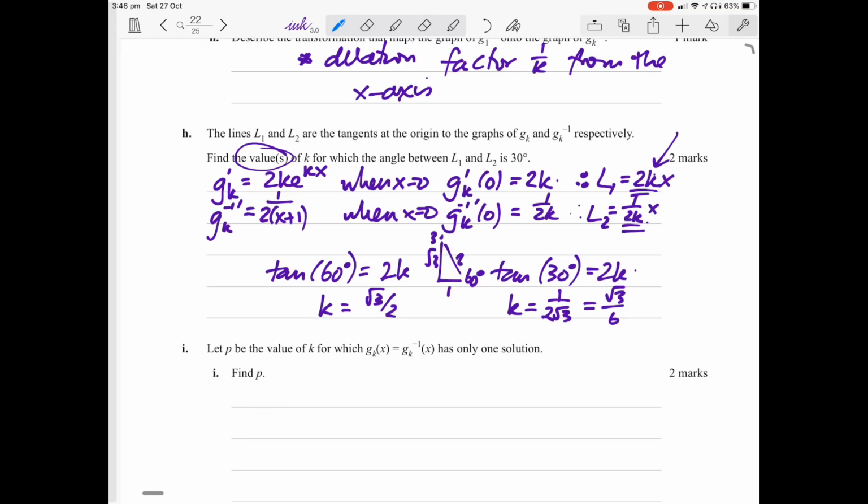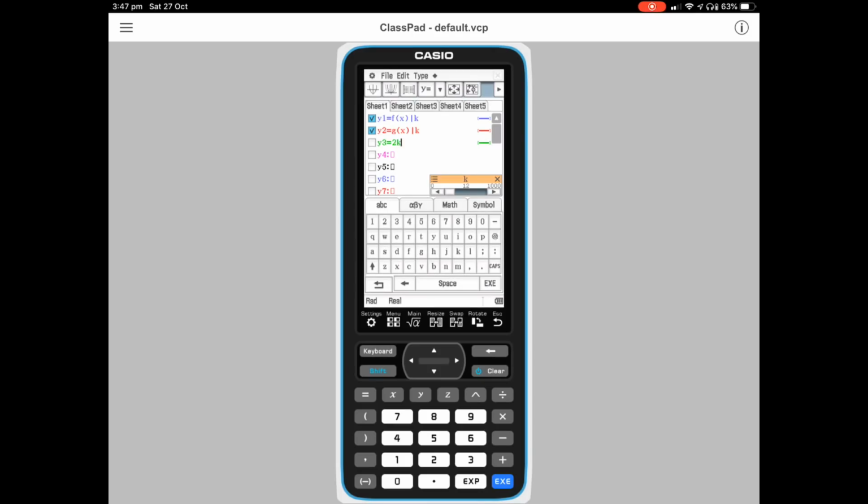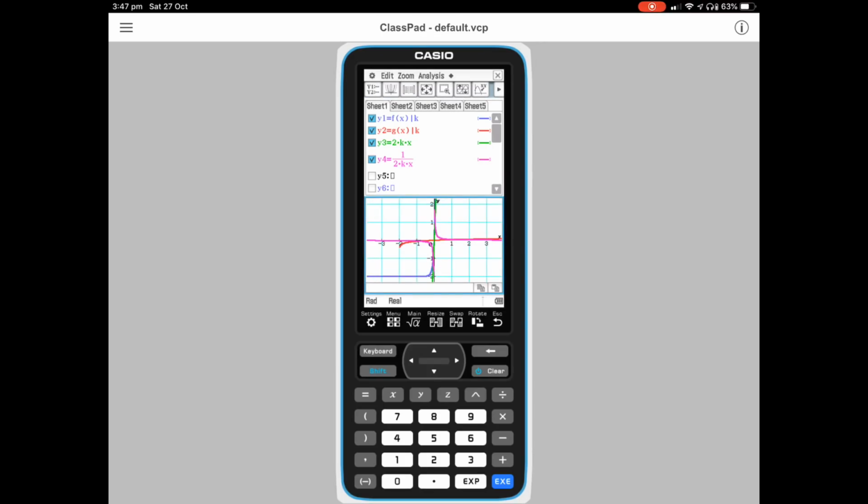yeah. I mean, we could have 2kx and 1 on 2kx because we know they're the gradients. Okay, so if we sketch them, there's our tangents.